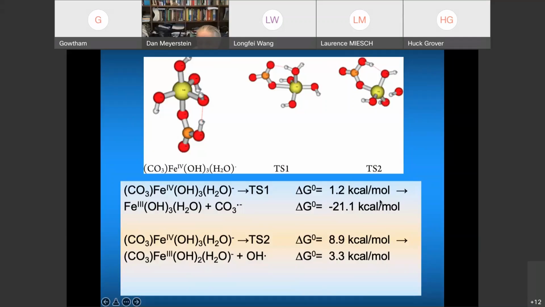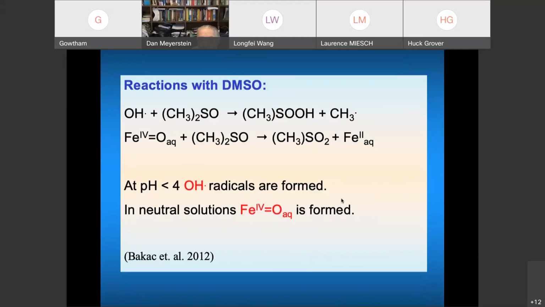And the question is, how does it decompose? And you can see that the reaction to form carbonate anion radical is very exothermic. The reaction to form OH radicals is a little bit endothermic. Clearly, the chances are that you'll form carbonate anion radicals. On the next slide is a result of the experiment.